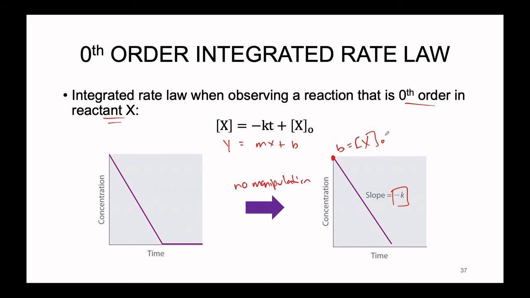Zeroth order equations may be a little bit more rare, but if we're ever faced with them, finding the concentration of that reactant X at some time point in the future is really straightforward, because the rate from the perspective of that reactant is only dependent on our rate constant K. So if we take concentration versus time measurements and plot them, and we see a straight line right out of the gate, what this means is that we have found our rate constant K. The rate of our reaction, again, is only going to be dependent on K. There's no other reactant here with which we need to multiply this against.